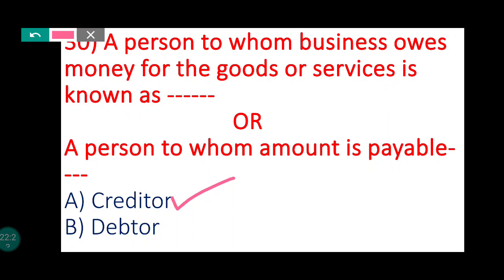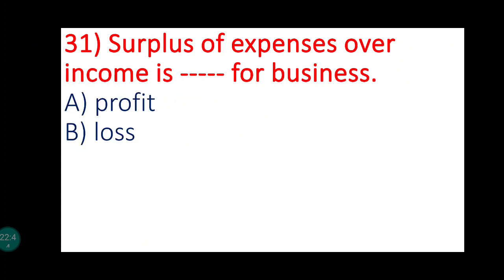Okay, he is the person from whom the business bought something on credit, so now the amount is payable to them. Okay, they are the persons to whom the business owes money for the goods or services, they are known as creditors.